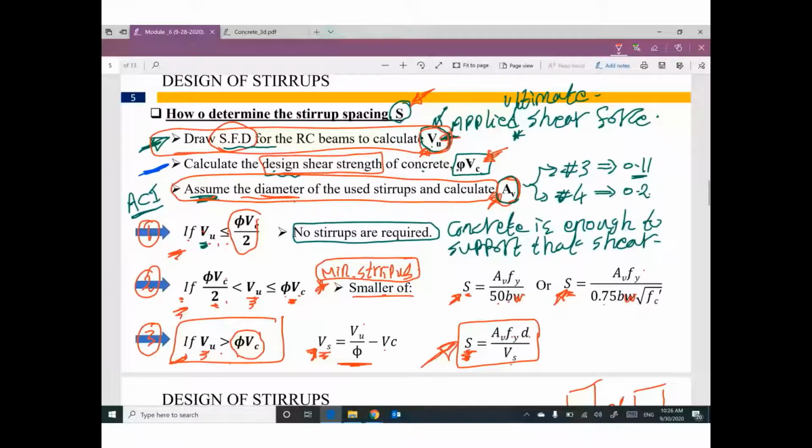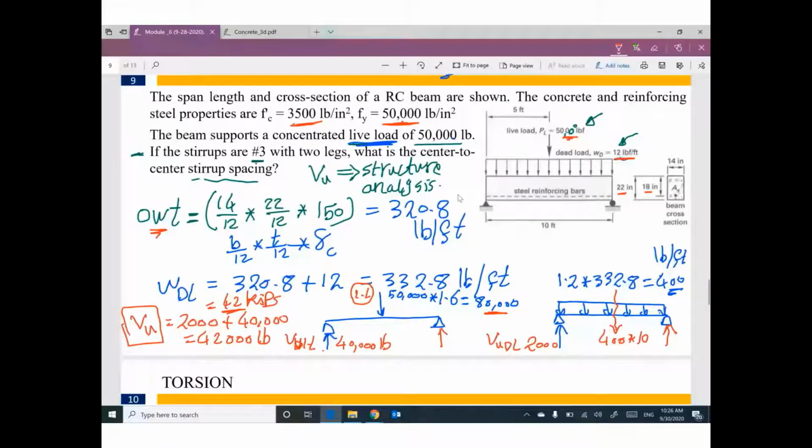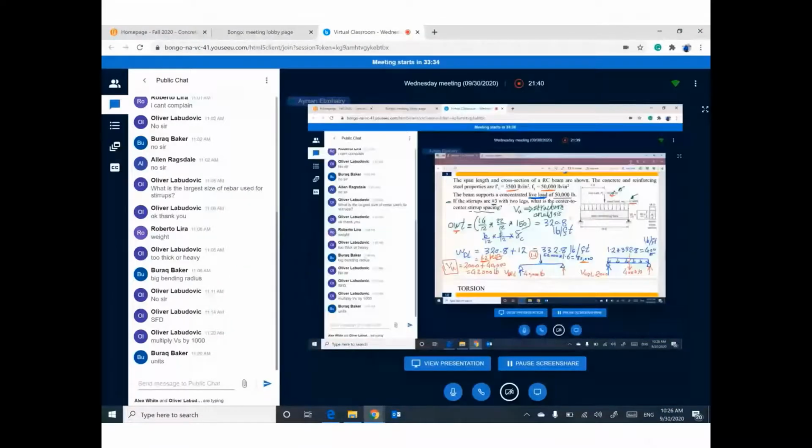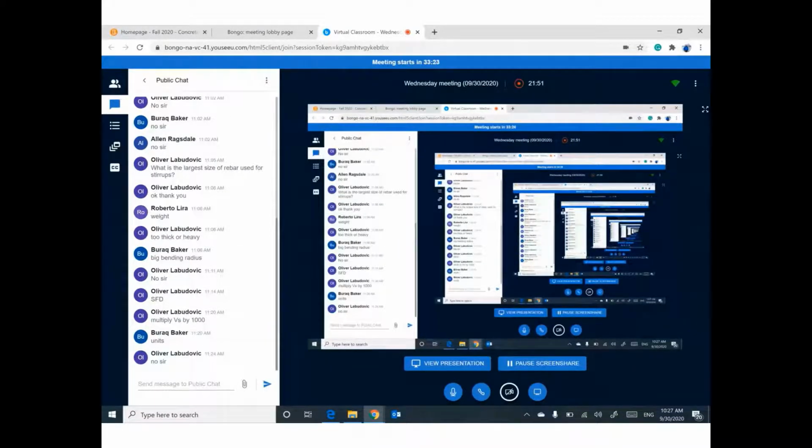Then you are in this situation or this one based on your value of V ultimate. Any question? Guys, any question? If you have any question, let me know.